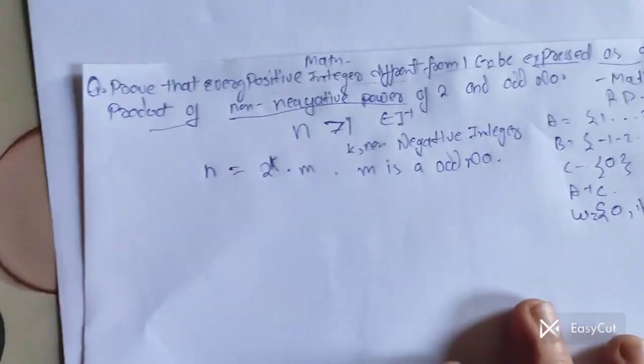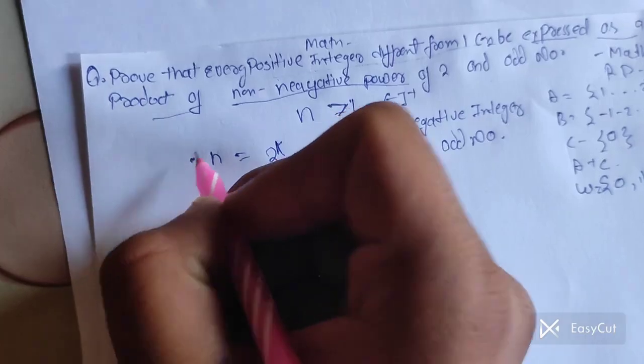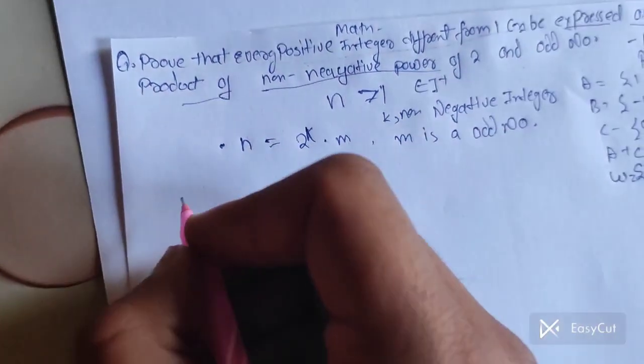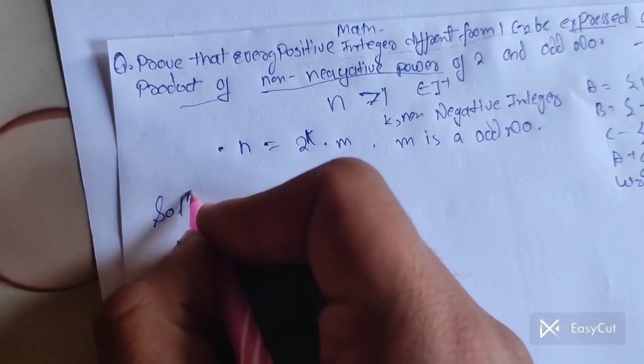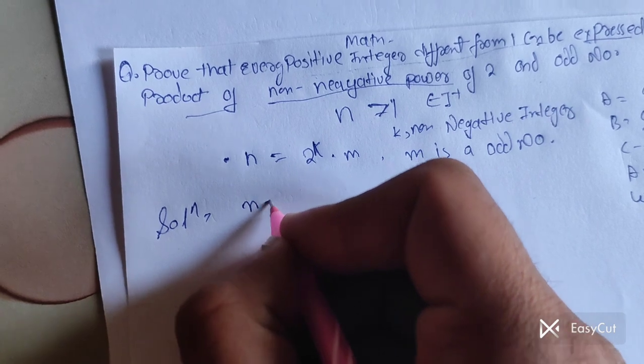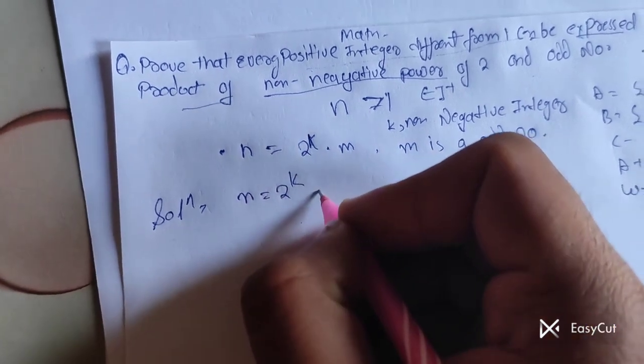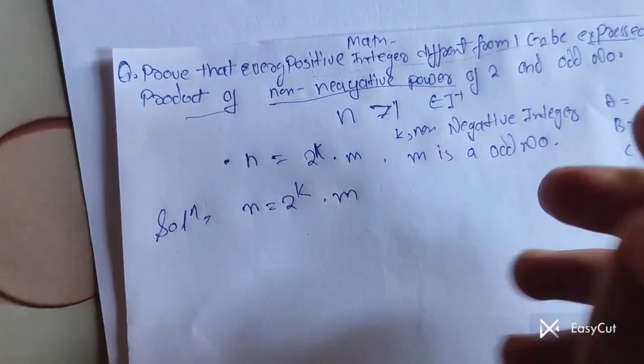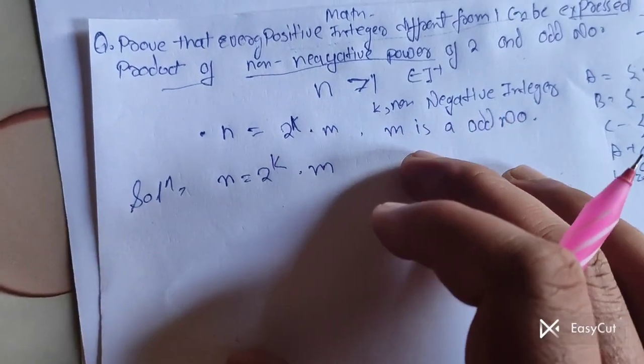So we want to prove this thing. Okay, so how do we solve this? Let's begin. Solution: we want to prove that n is equal to 2 to the power k times m, where k is a non-negative integer and m is an odd number.